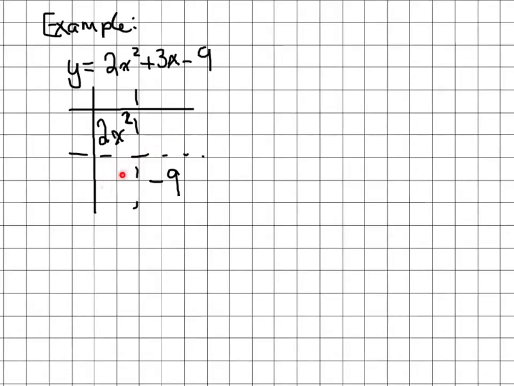So I'm going to write this off to the side: these two have to add to 3x, but they also must multiply, and this was the pattern we saw before, to what these two multiply to, which is minus 18x squared. So it has to add to 3x and multiply to minus 18x squared.